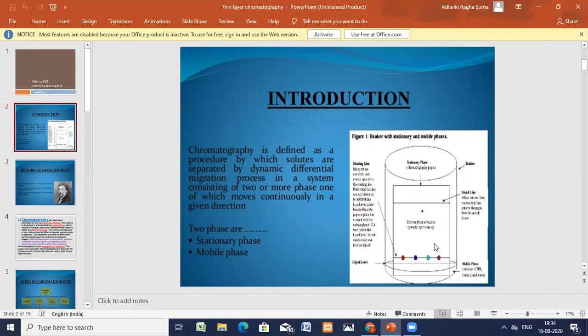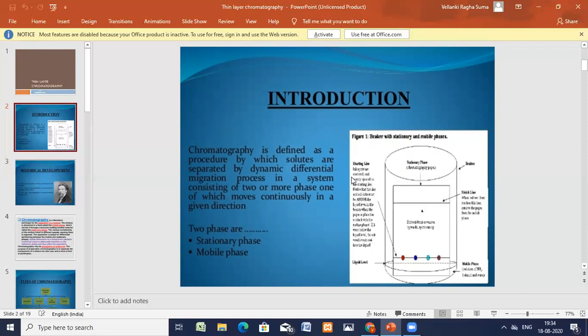Generally there are different applications of chromatography. It is used for the separation of amino acids, proteins, carbohydrates. It is used for the analysis of drugs, hormones, vitamins, and is helpful for qualitative and quantitative analysis of complex mixtures. The technique is also useful for the determination of the molecular weight of proteins.